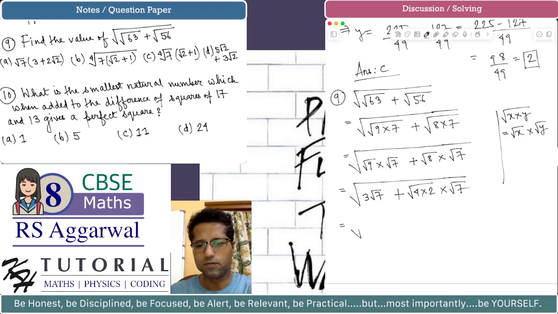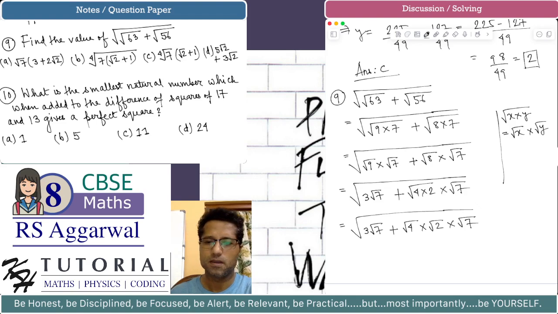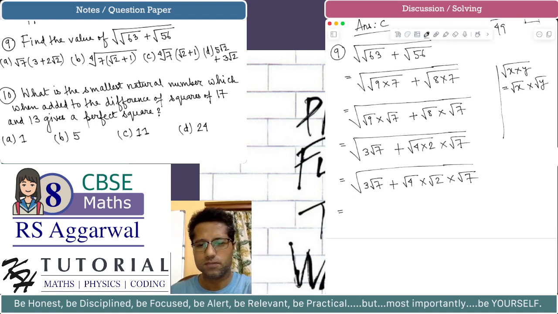This is equal to square root of 3 into square root of 7 plus square root of 4 into 2, we can write it as square root of 4 multiplied by square root of 2, and we have multiplied by square root of 7. This is equal to 3 into square root of 7 plus square root of 4 is 2, so 2 into square root of 2 into square root of 7.